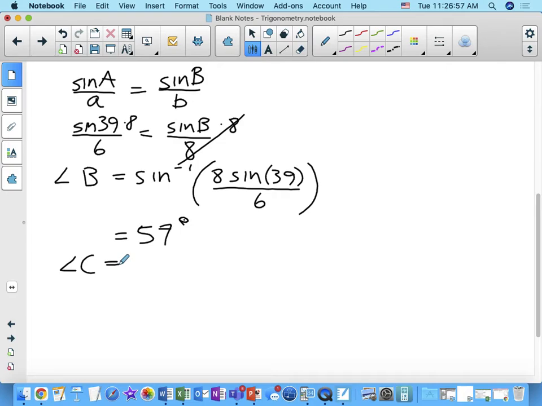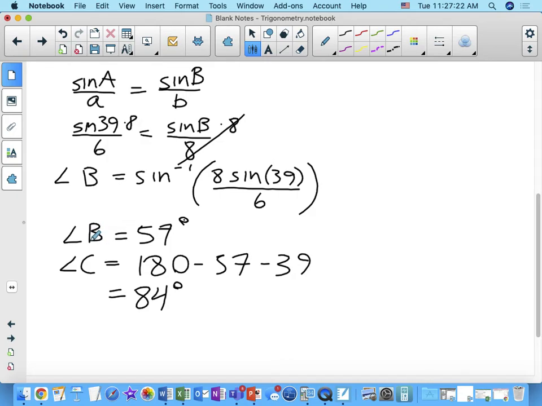Okay, so how'd you get that? Yeah, there you go. You use the angle sum of the triangle. So you go 180 minus 57 minus 39, and that's 84 degrees. Okay, so there we go. We get angle B and angle C.